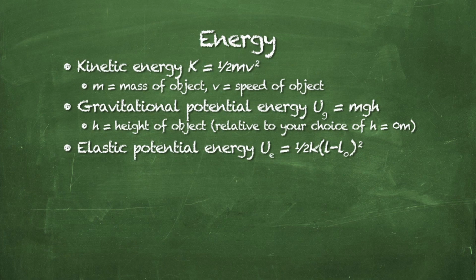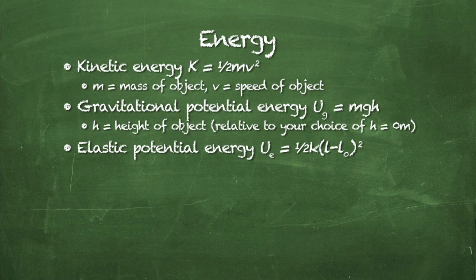To calculate elastic potential energy, we have to know three things. One is, what is the natural or unstretched length of the spring? That would be L0, the unstressed length of the spring.